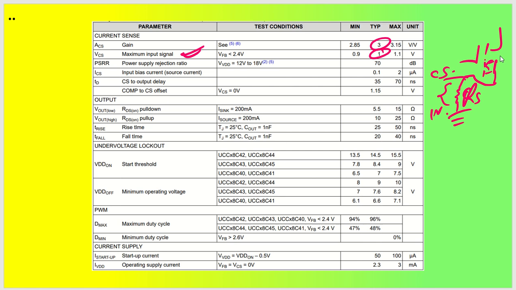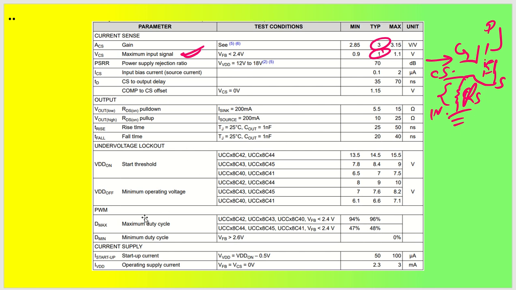So basically you are going to design the drain to source of the MOSFET to see what is the current that is flowing through the current sense. Hope you now have a very good understanding about how to connect your current sense resistor and send it to the current sense pin to monitor the current through the drain to source of the MOSFET. This is my drain, this is my source, this is my gate, which is going to get driven by my output pin.